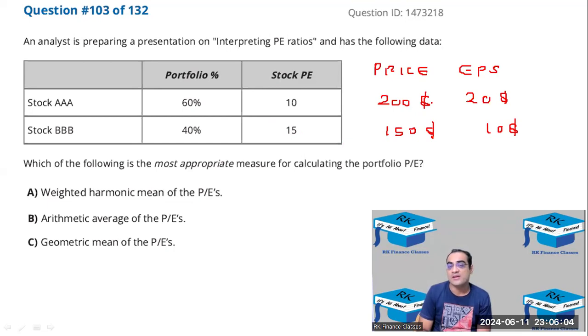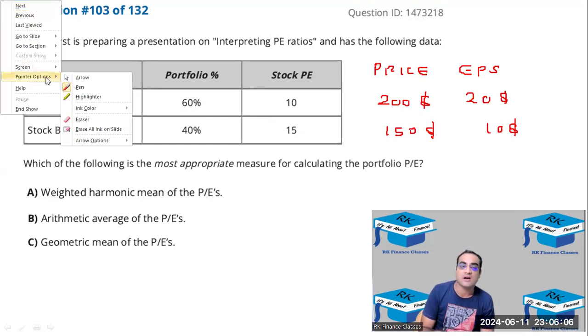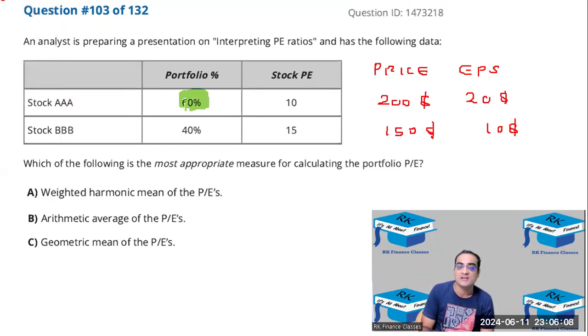In the portfolio we don't have a whole share, we are having 60%. So the price is 60% of 200, which means the amount we have invested in A is 120 rupees.